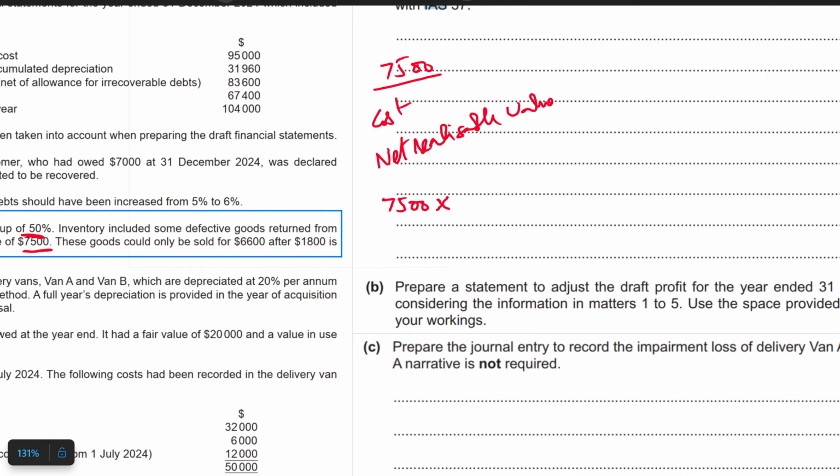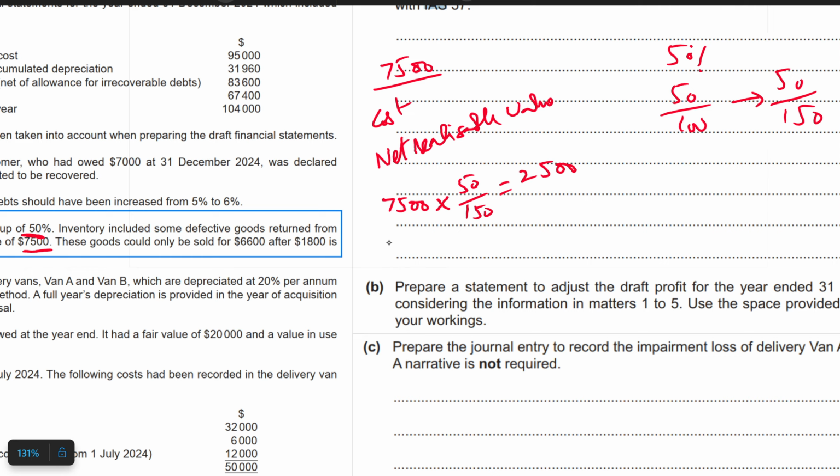On selling price we can't apply markup, so we will convert markup into margin. If markup is 50%, it is 50 over 100, and when we convert it into margin, it becomes 50 over 150. So 50 over 150 into 7500 will be equal to 2500.